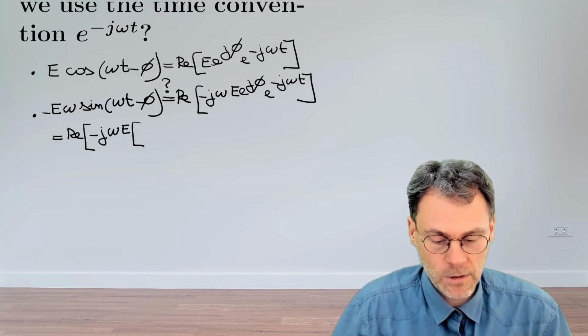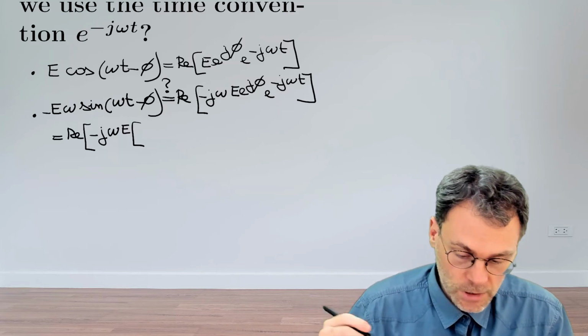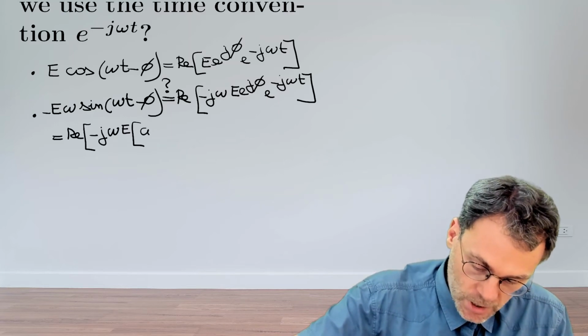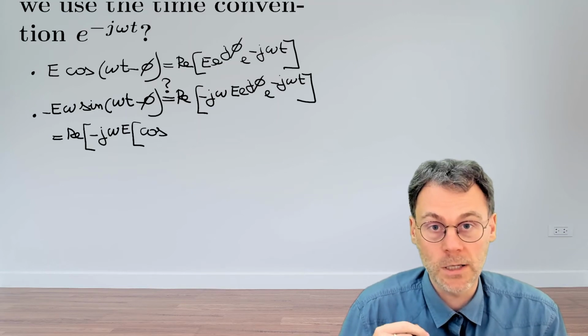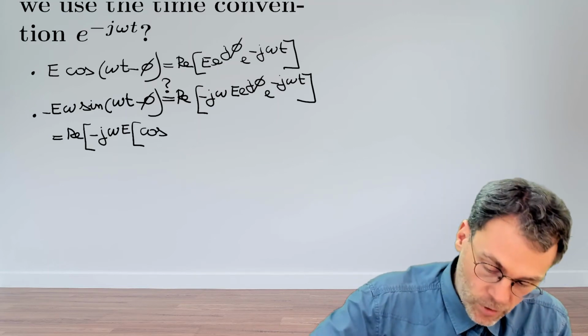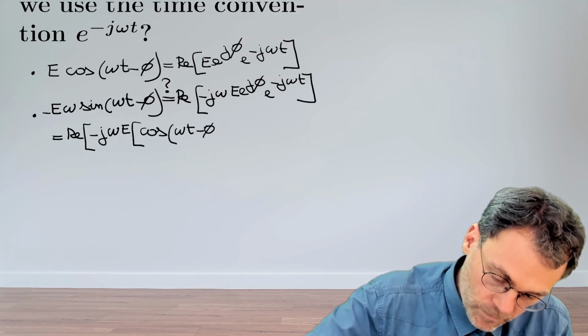And then these exponentials, we can write as a sum of sines and cosines. So let's start with the cosine. We have the cosine of phi minus omega t, but since the cosine is an even function, we can write this as the cosine of omega t minus phi.